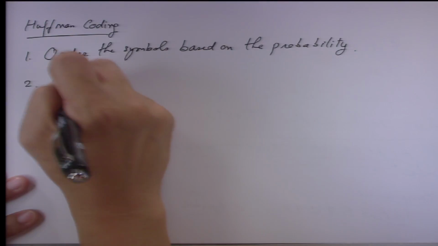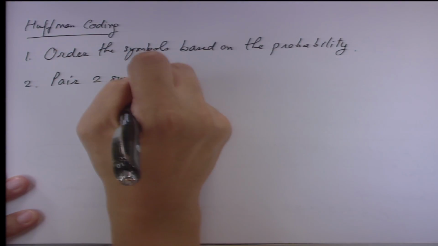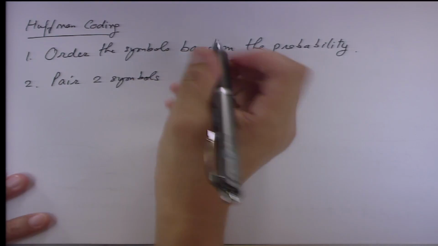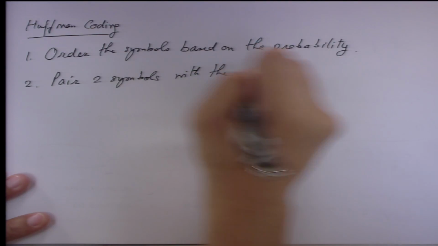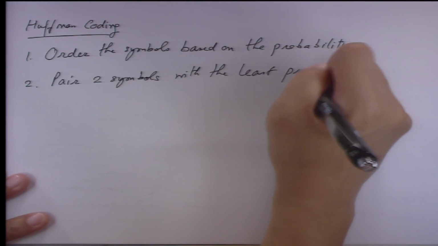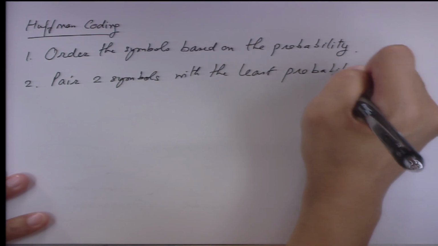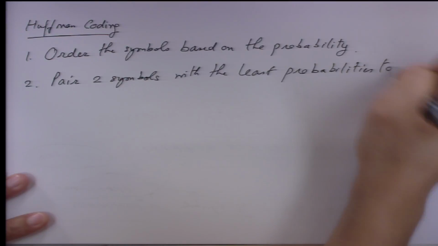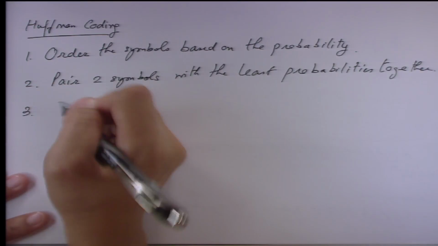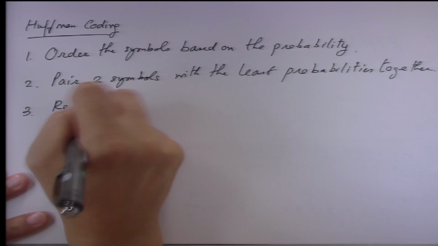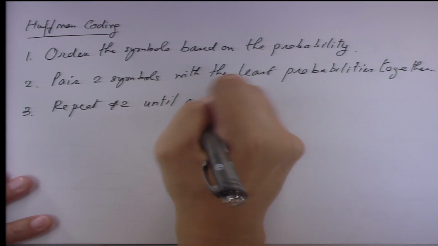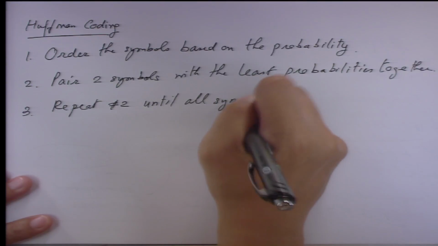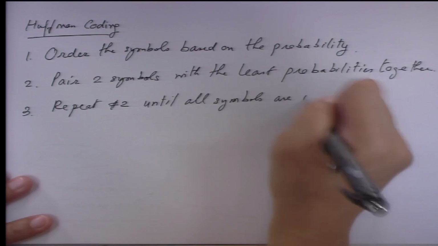Two, we pair the two symbols with the least probability together. I will show you an example in a little bit. Then you repeat number 2 until all symbols are included.